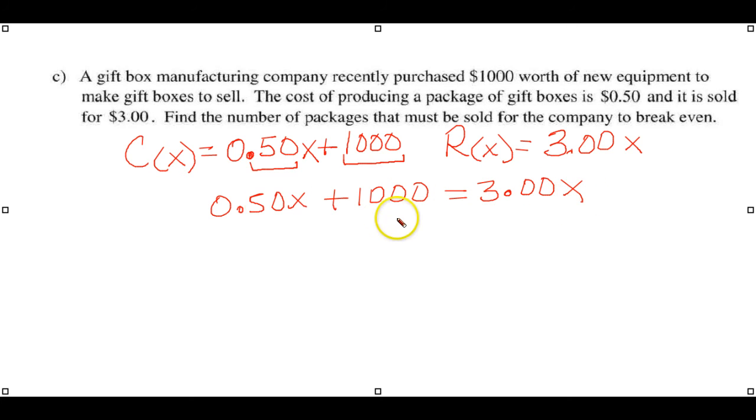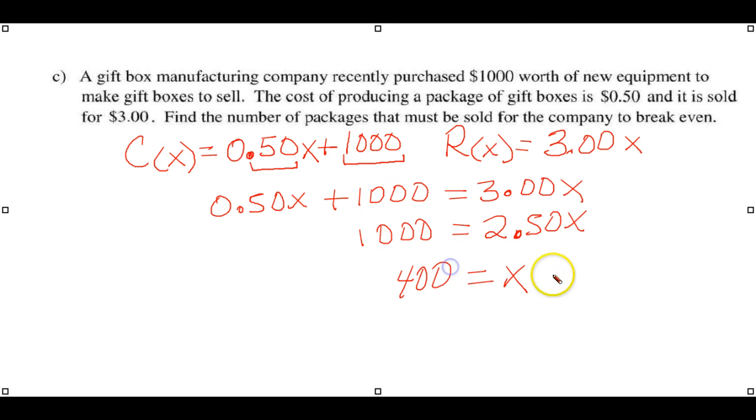That's okay. We're just going to do a little subtraction here. And we divide both sides by 2.5, and we get x equals 400.